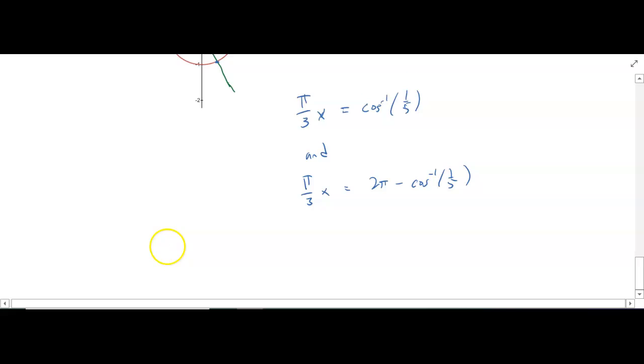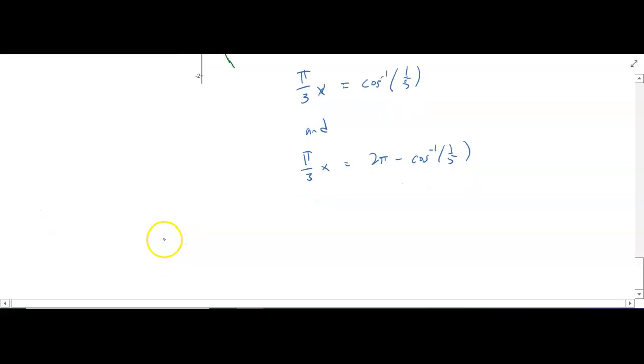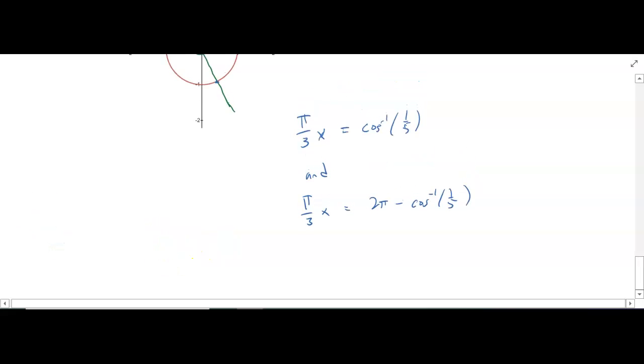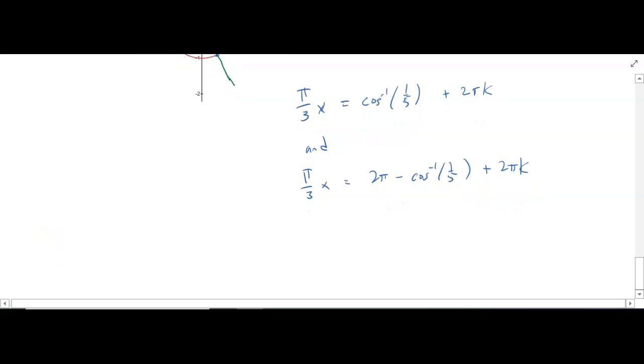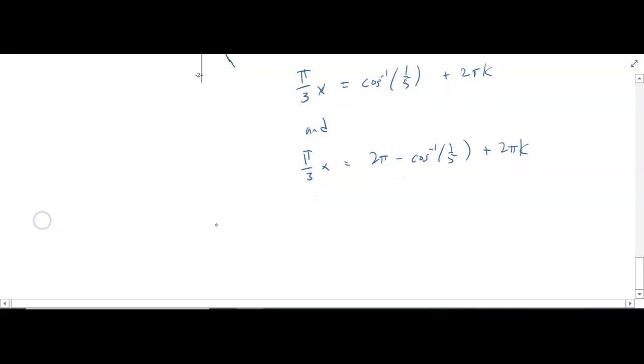Now what we're going to do here is solve each of these equations, and really any other solution would be a full rotation, positive or negative, so it would be an angle coterminal to that. So we have to add on 2 pi k, where k is any positive or negative integer, and then we'd have to solve for x by dividing both sides by pi over 3.